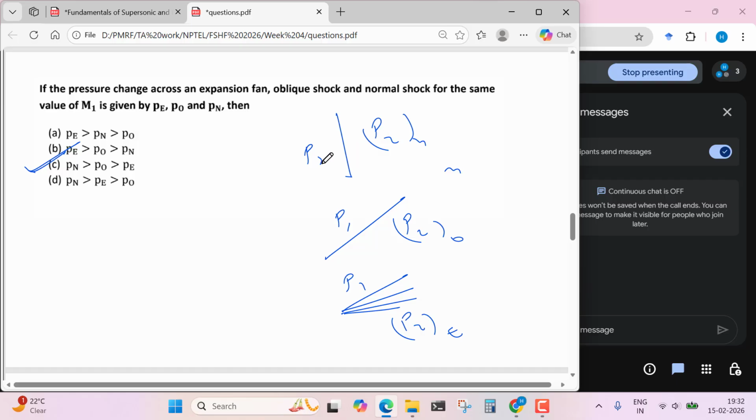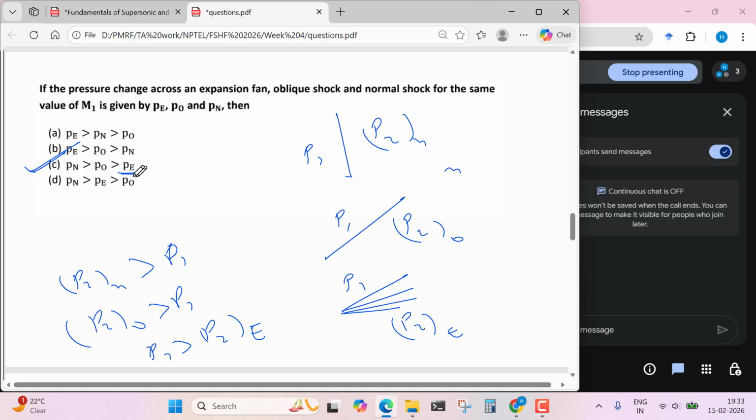One thing is that for oblique shock and normal shock pressure increases, but for expansion wave pressure decreases. So P2N is greater than P1, P2O is greater than P1, and P1 is greater than P2. So the pressure change for the expansion fan will be negative because pressure is decreasing, so it will be the lowest, and from this fact alone you can know that C is the answer.